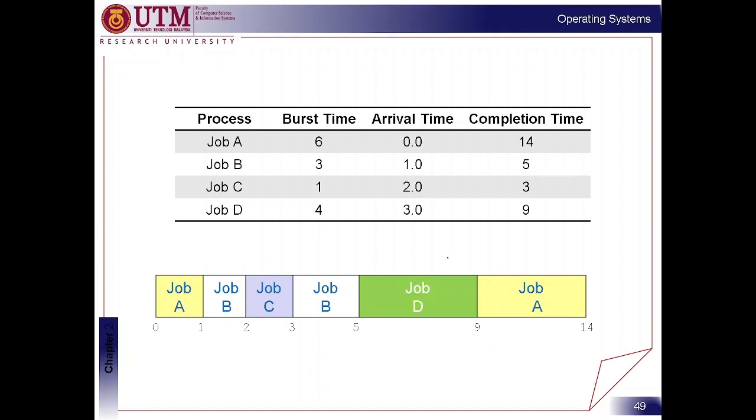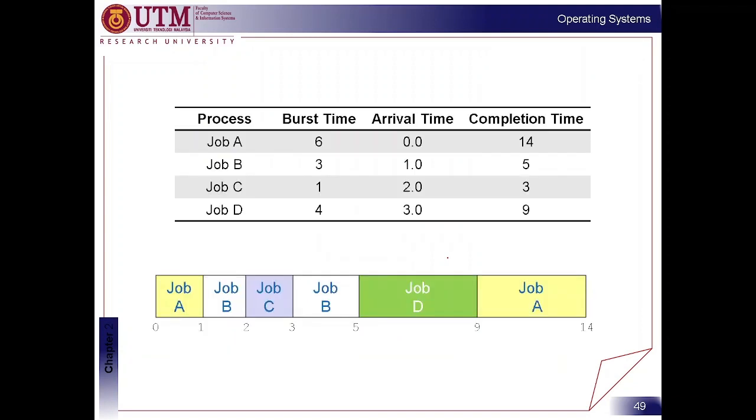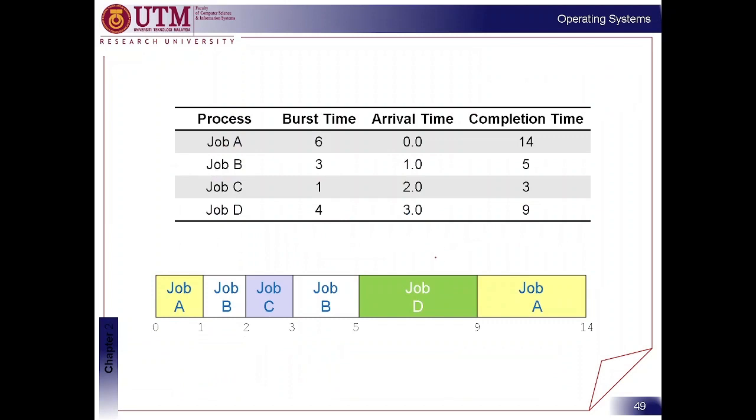Okay, so right now it shows us the completion time. So for the completion time for job A, we will look at when the process finished executing.